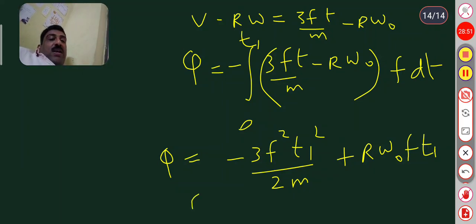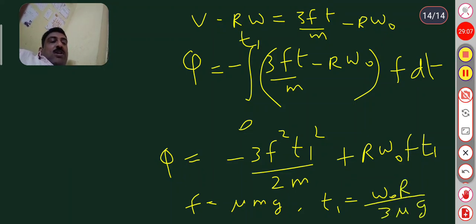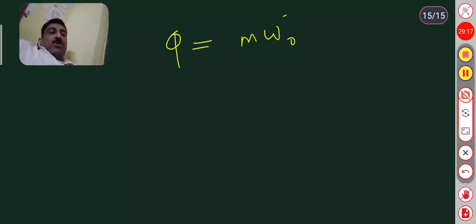Now here the F value is equal to mu mg, and the t1 value is equal to omega naught R divided by 3 mu g. So you have the t1 value and the F value. By calculating these you will get Q as m omega naught square R square divided by 6.